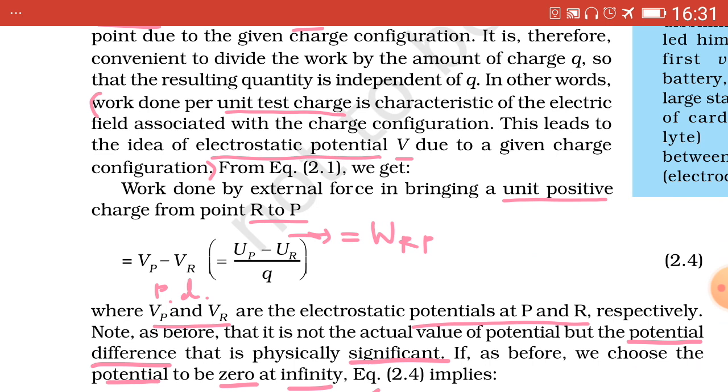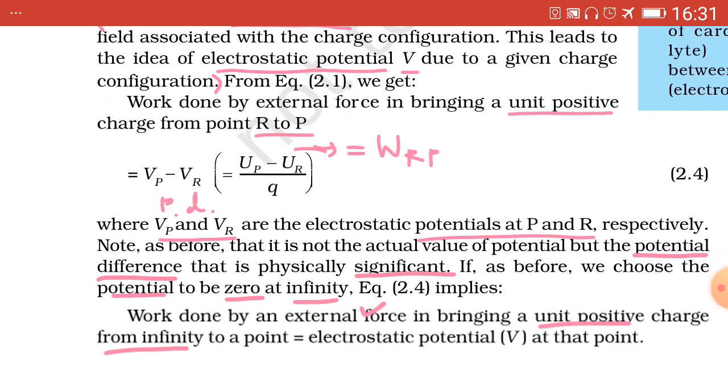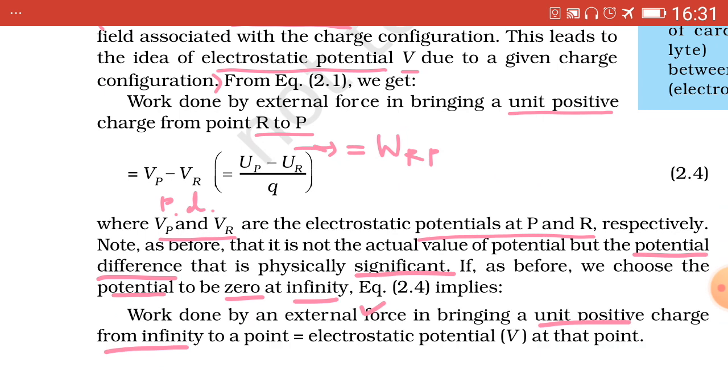Hence work done equals (Vp minus Vr). This is equal to Up minus Ur in terms of potential energy, that is the potential energy difference, upon small q, where small q is the test charge.